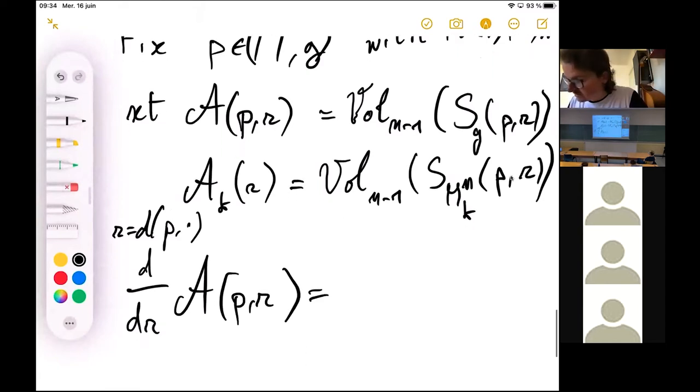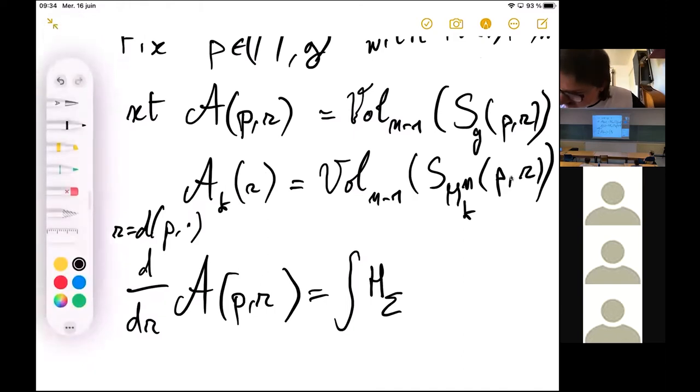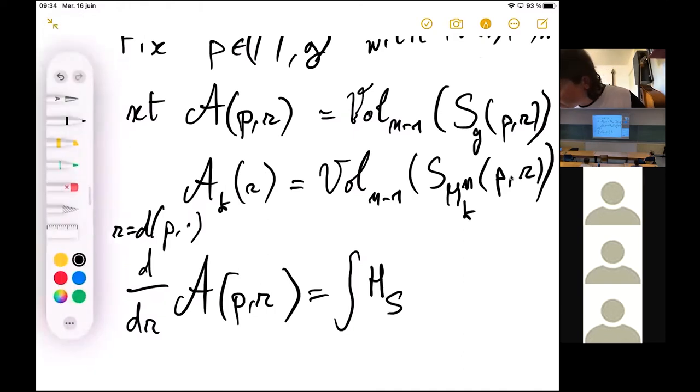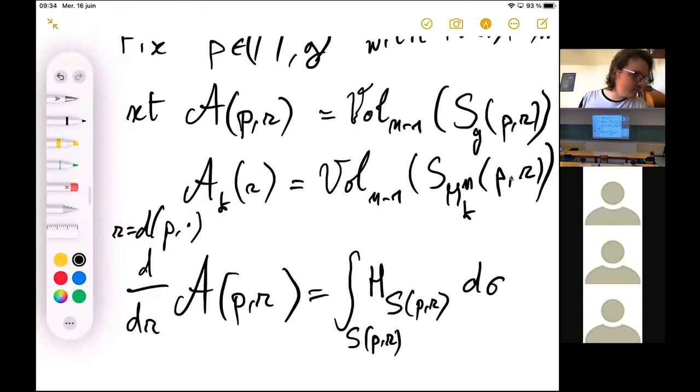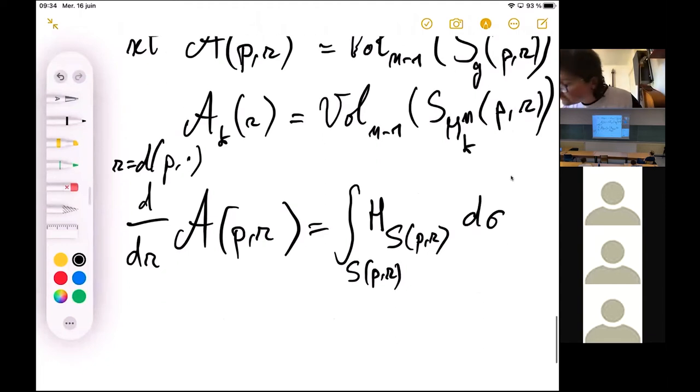And what is that? This is the integral of the mean curvature over S_p(r) with respect to d sigma.